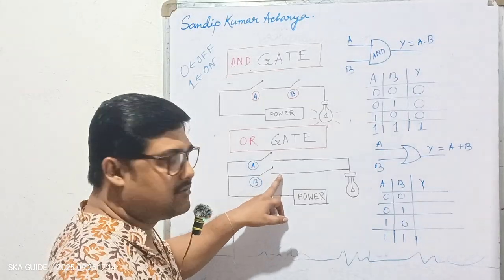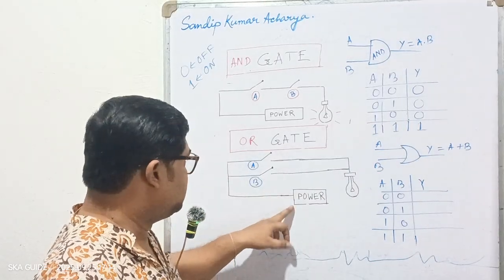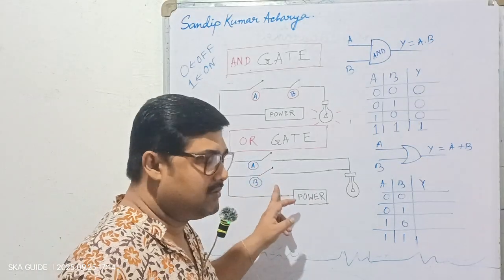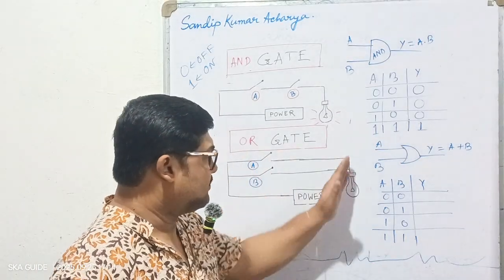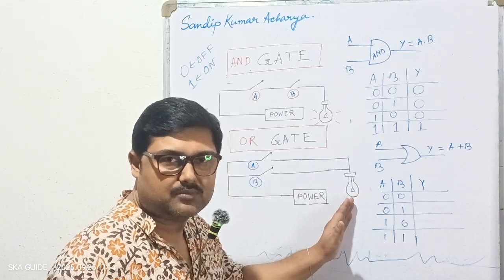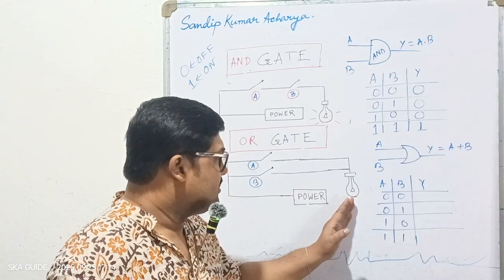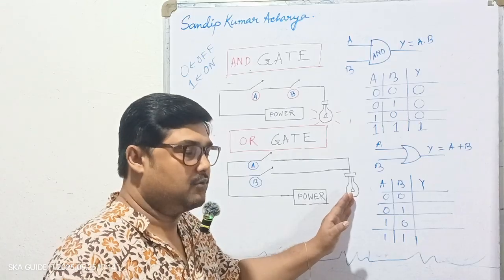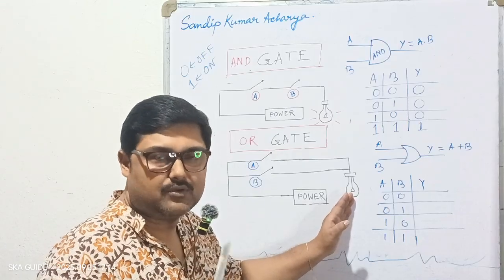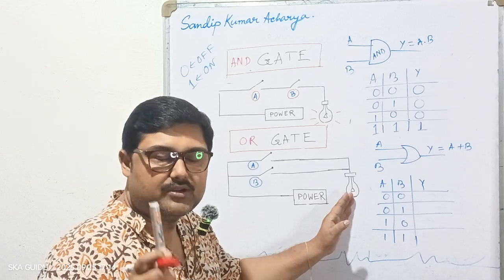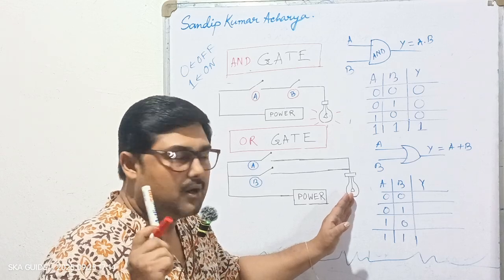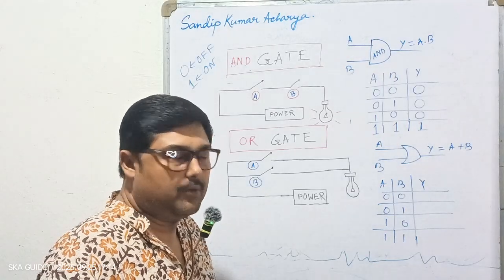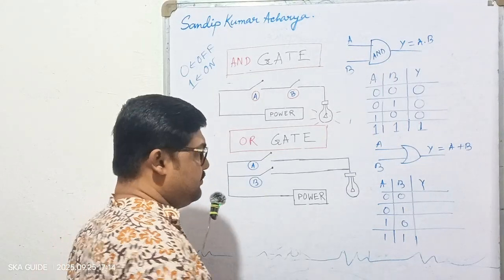If this line is not attached to the power supply, and this line is also not attached to the power supply, both are 0 0, so how can the power be supplied to the bulb? It is not possible. It is not giving you a high output, it is giving you a low output, so the bulb is not glowing, so the output is simply 0.